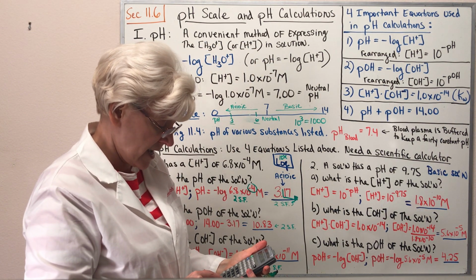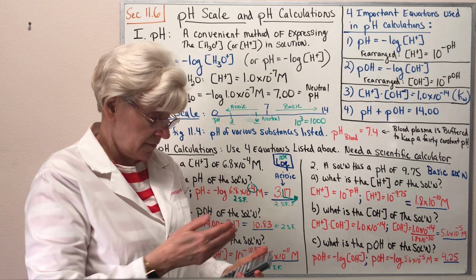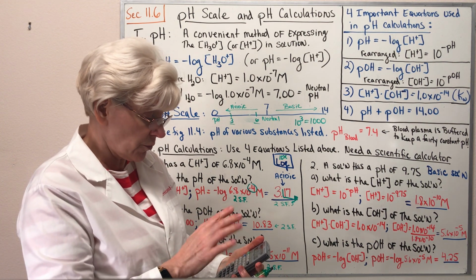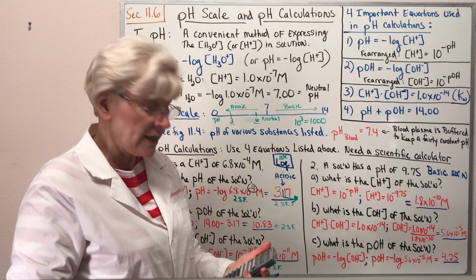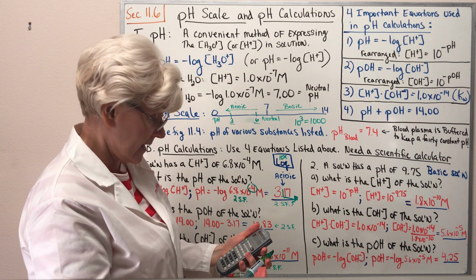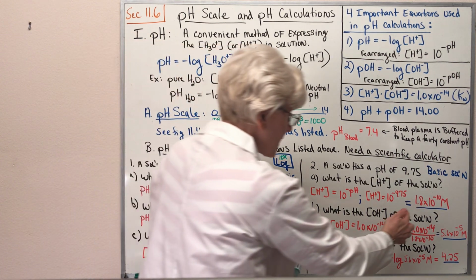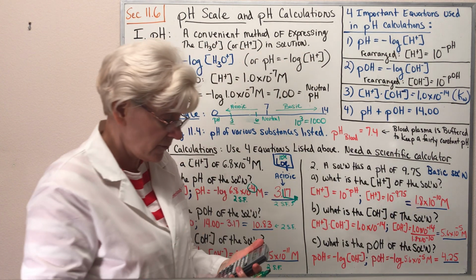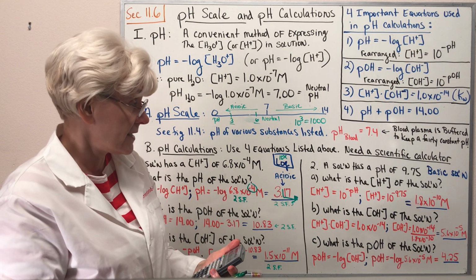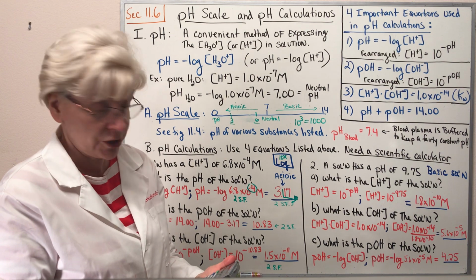So entering in 9.75, making it a negative number with the change sign function or button, and then doing an inverse or second function log calculation. Looking at the calculator, I see with 2 sig figs, 1.8 times 10 to the minus 10 molar.